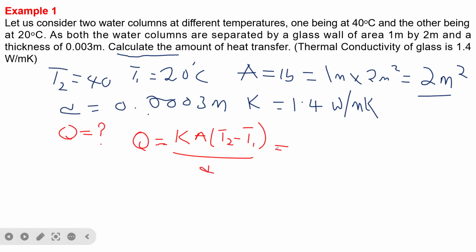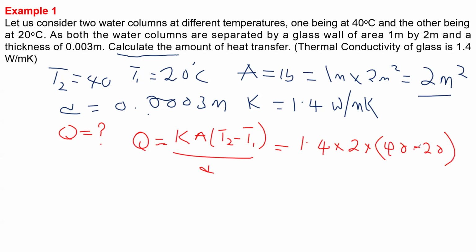So you can now see that the K is 1.4, and then the area is 2, then times the temperature difference, which is in brackets, we are now going to have 40 minus 20, then divided by the distance, which is 0.0003. So after you have this, then you are now going to get your final answer.